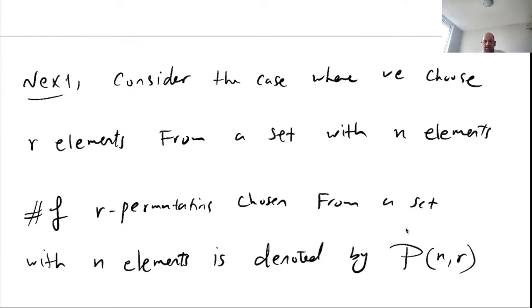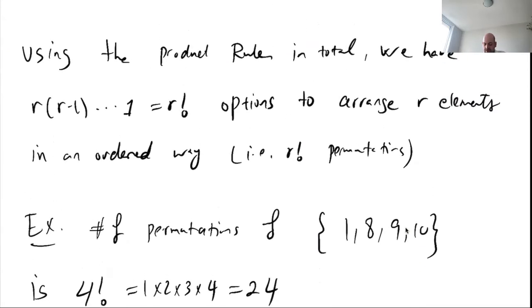Okay, so we have a set with N elements and we want to choose R of them. And we want to count the number of permutations of these R elements when they're chosen from N elements. Previously, we were not choosing. For example, we had a set with 4 elements and we wanted to permute all elements inside the set.